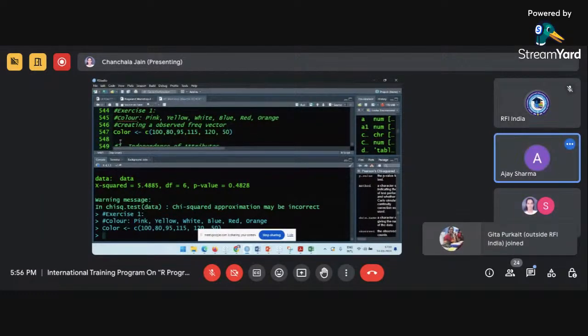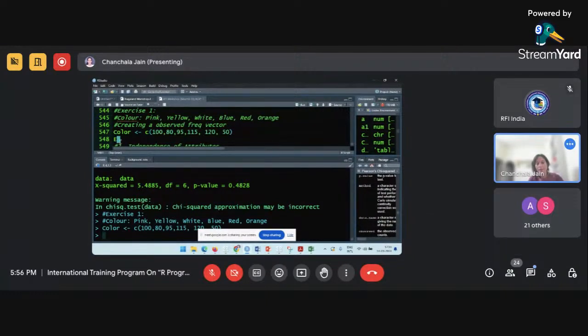Now I need to calculate the expected frequency. How can I calculate it? It should be the average of the observed.